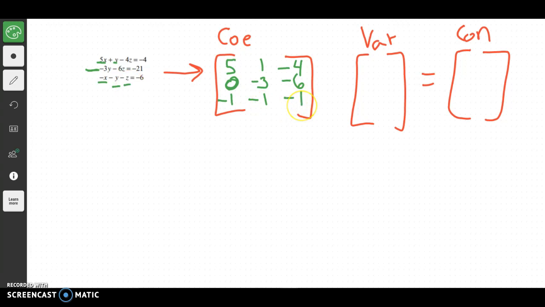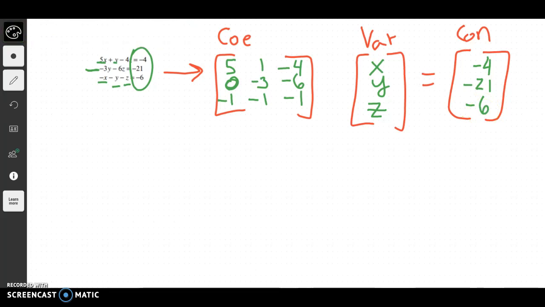For my z, a -1. And my variables will be x, y, and z. And then for my constant matrix, I'm going to put in -4, -21, and 6. Now this is my matrix.